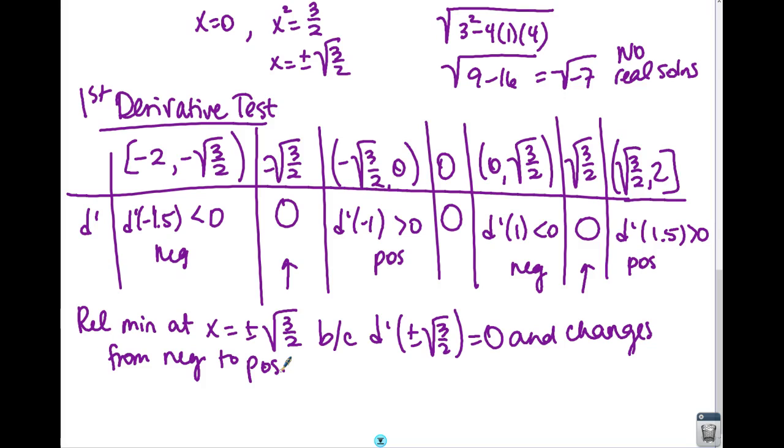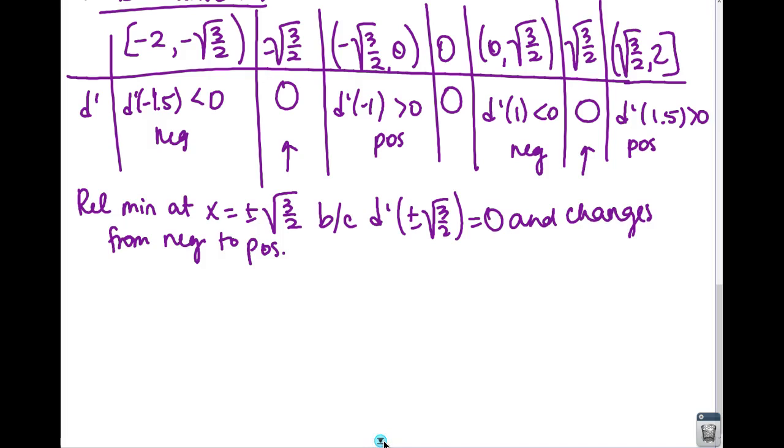Okay, but we want to find the absolute minimums, or we want to find the absolute minimum distance. Well, these are the only two minimums that I have. So let's go ahead and find the minimum distance for each one. And then one of them maybe would be the absolute and one of them would just be a relative, okay?